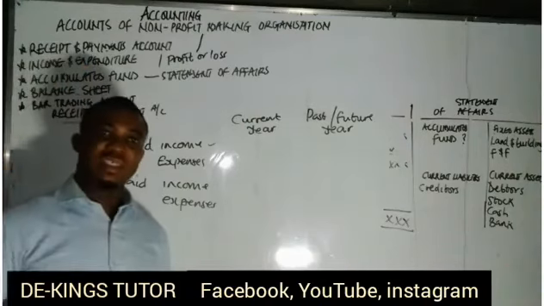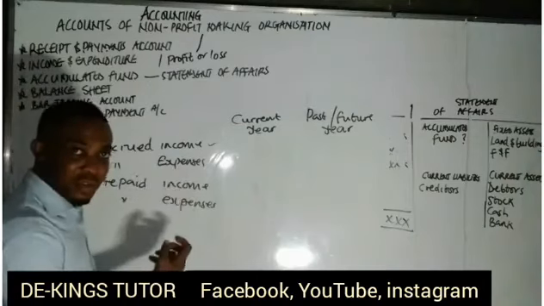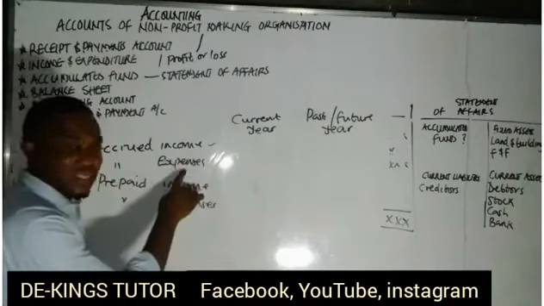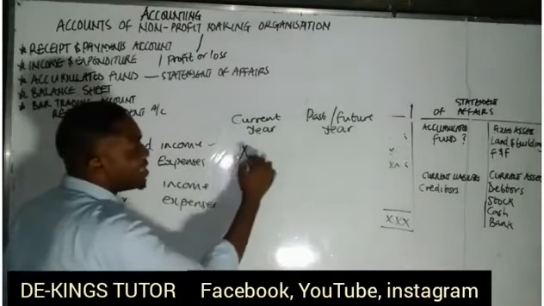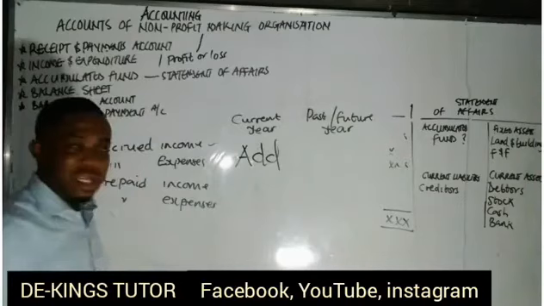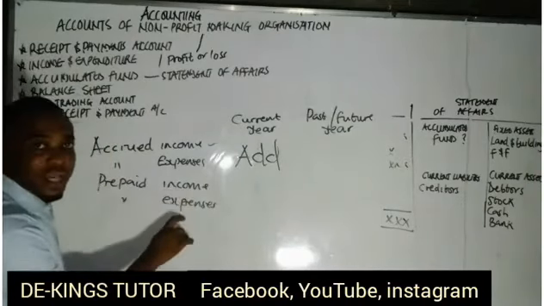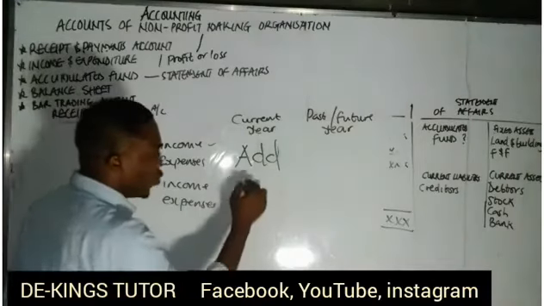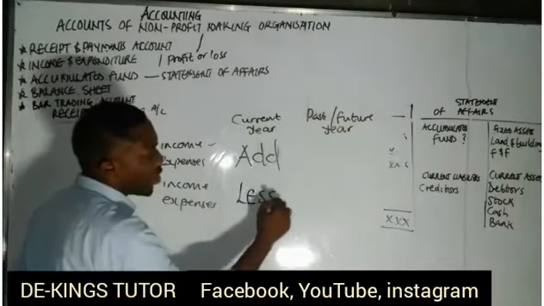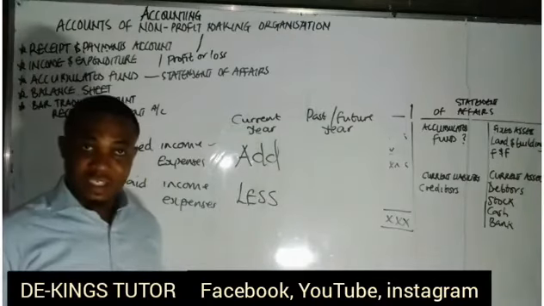That is the one in the additional information that is accrued, either income or expenses. What you do for the current year is that you add. That is the rule. And for prepaid, either income or expenses, what you do for the current year is you less.